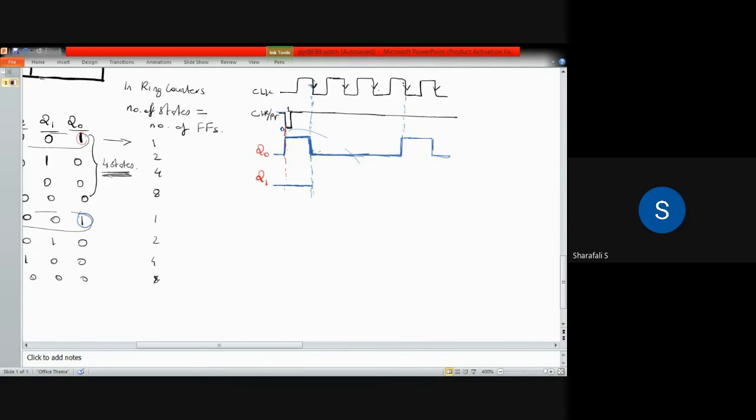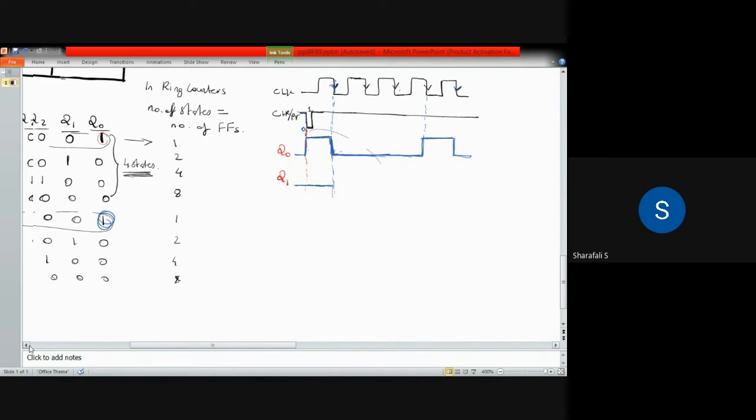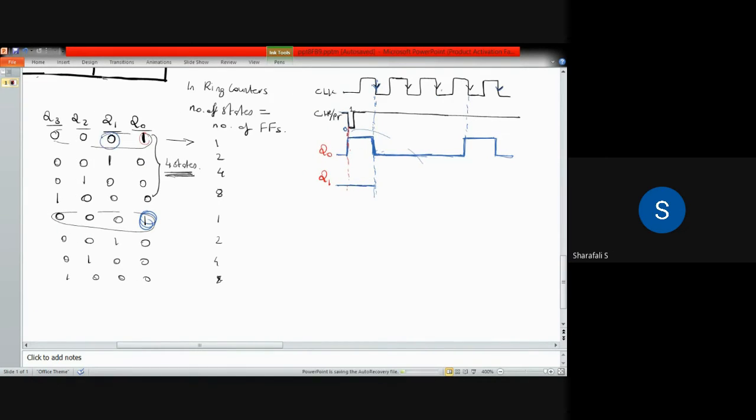And after the fourth clock pulse, Q0 again will become 1, and it will remain in that state until the next negative clock edge comes. And Q1, if you consider, initially the Q1 value is 0, as you can see from this figure, this table. Then for the first clock pulse, it becomes 1.